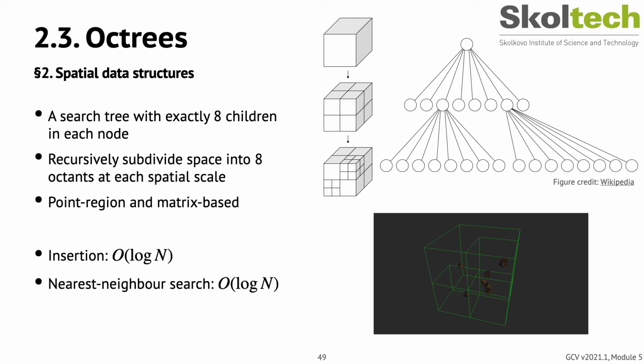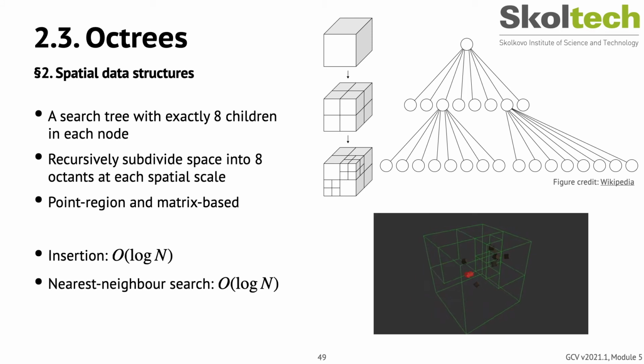What you do with an octree is you recursively subdivide space into 8 octants at each spatial scale. So you go from the entire volume, you divide it into 8 parts, and then the parts that you need, you divide again into 8 parts, and so on and so forth.